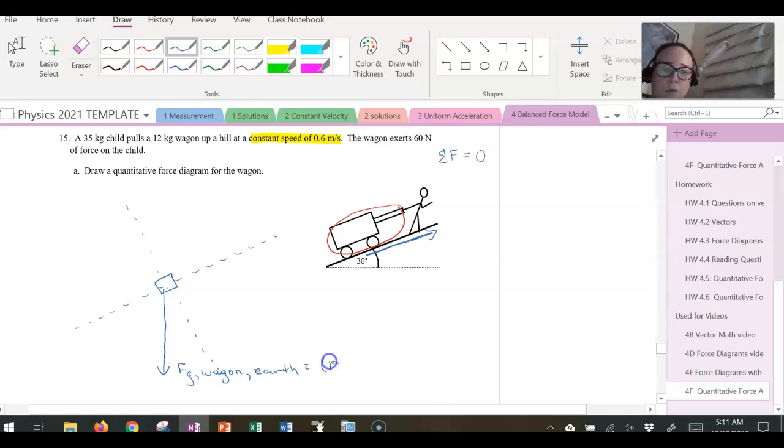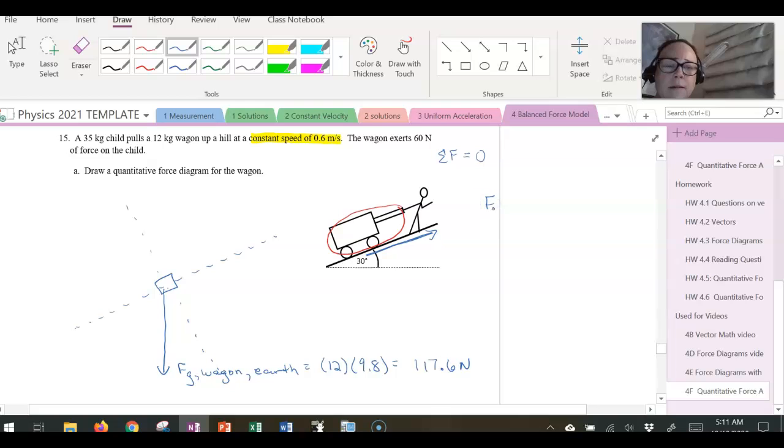And that's going to be the 12 kilograms times the 9.8 newtons per kilogram. So that's 117.6 newtons.